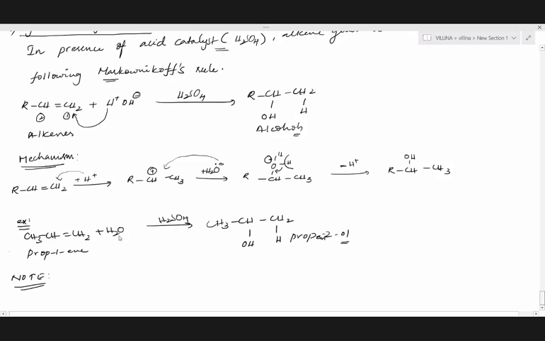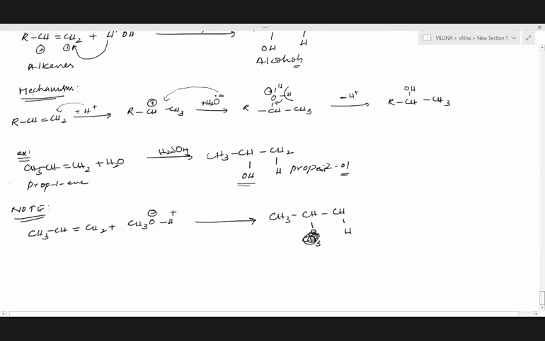Same way of addition, only thing is instead of OH, we will be adding the OR group. I told you the answer, but tell me the final name. So you have CH, something like this. So obviously the H will get attached over here, and whatever the alkoxide part we have, CH3O.